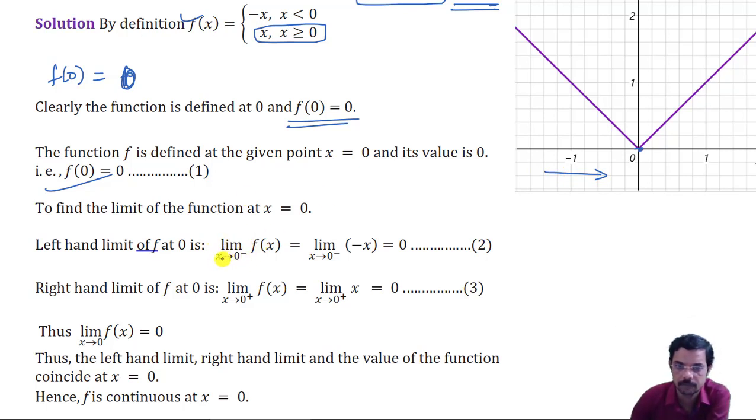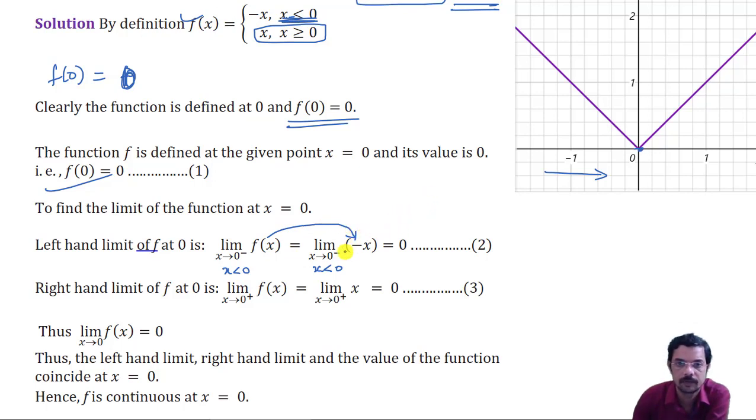When x is tending to 0 from the left, it means x is less than 0, because x is lying to the left of 0 and x is coming from the left hand side. Left hand side is always less than. So the definition here is, when x is less than 0, f of x is equal to minus of x. So instead of f of x, I will put minus of x.